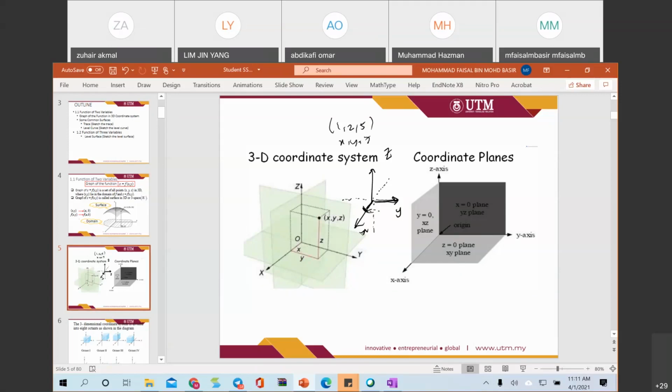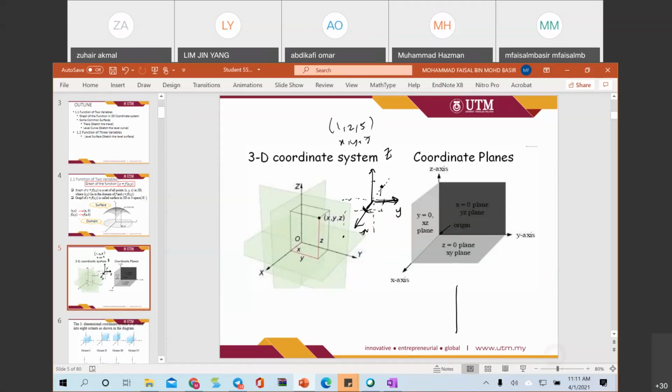Y is 2, say here. And then you have z equals 5, so you have to move upward. So somewhere here. Negative means you have to move here. Z negative, move here.